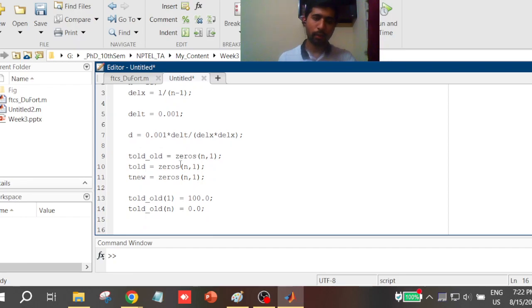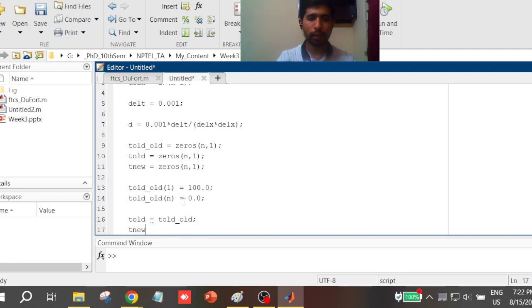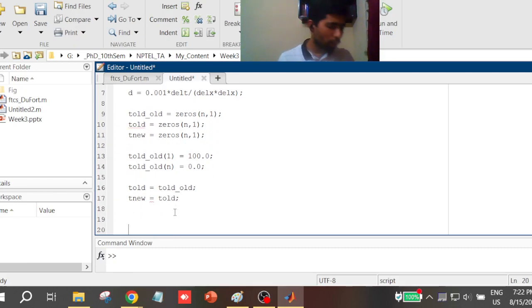That is the initial as well as boundary condition for my case. T old and T new I have to define; I'll take them the same as T old of old. T new is equal to T old, whatever it is. Now I can start with the time marching.